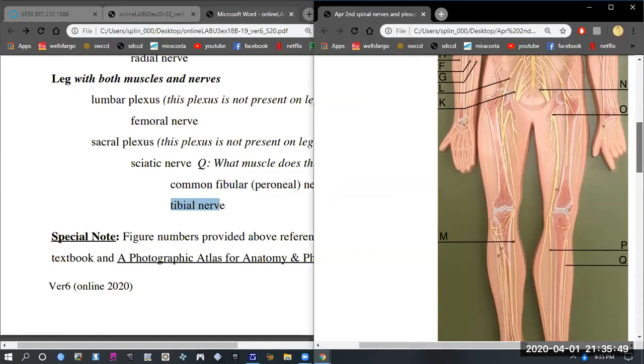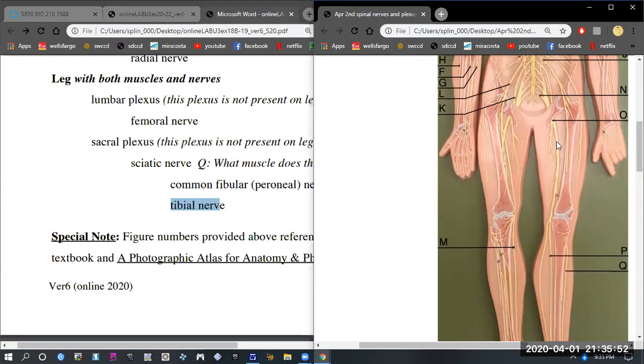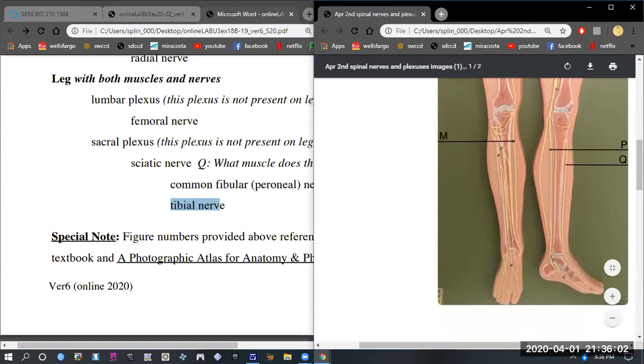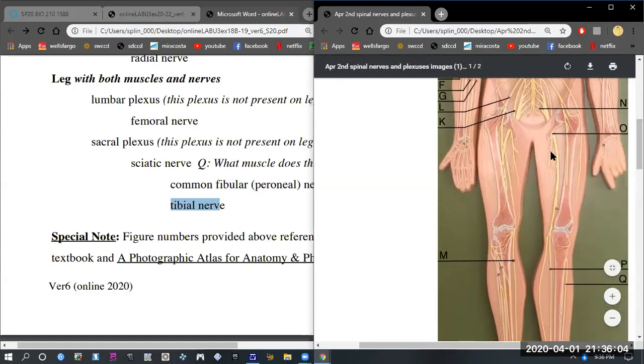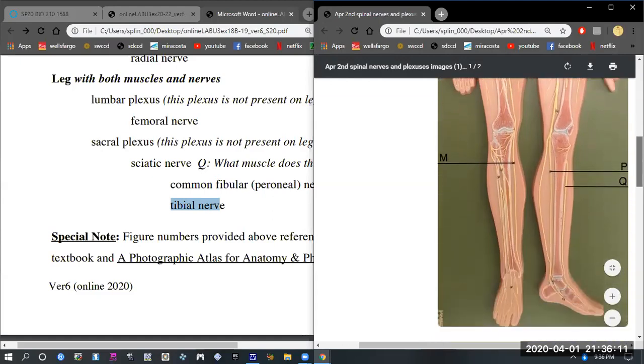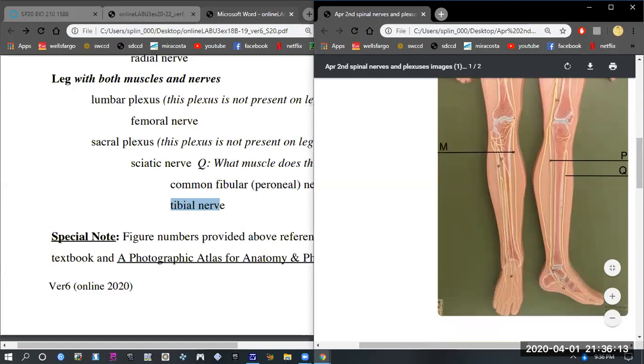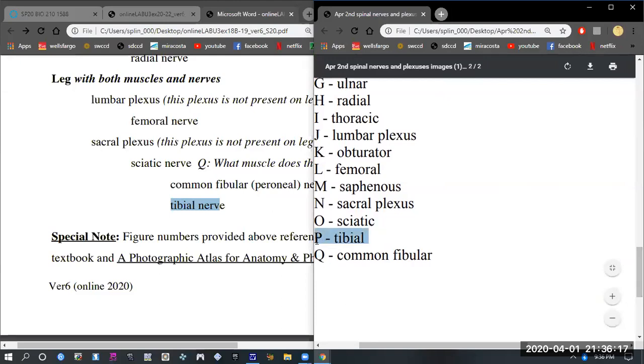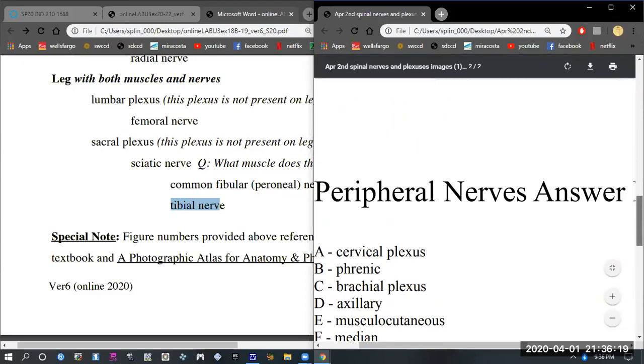So we just got to start here at the sciatic nerve, and just superior to the popliteus, just superior to the knee, you can see how it splits. So keep in mind this leg here on the model has been rotated. So this gives us a view if we look down here, and this letter P, there we are, posterior to the tibia, and that letter P, just to point out, is the location for the tibial nerve.